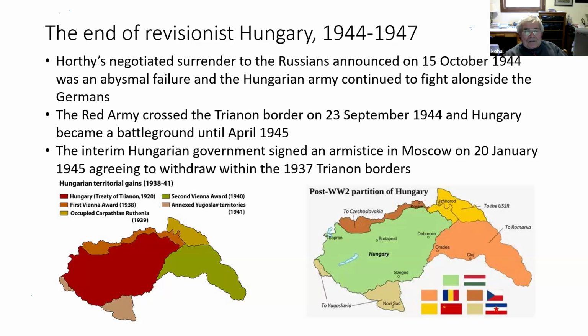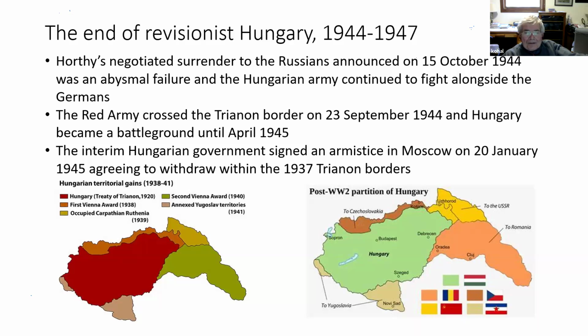In between, the interim government signed the armistice on January 20th, and part of the stipulation was that Hungary would withdraw within the 1937 Trianon borders.